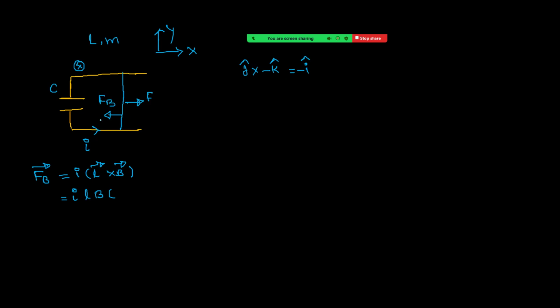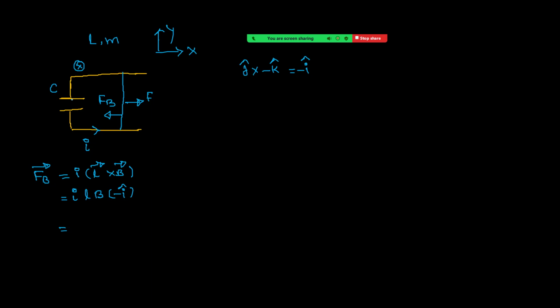That means the net force equals the applied force minus the magnetic force. The direction is minus I cap. Let us focus on the modulus value, how much? Coming to I, we are given a capacitor.